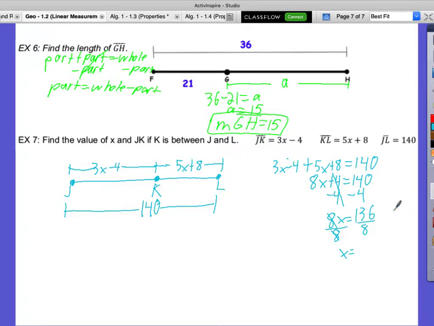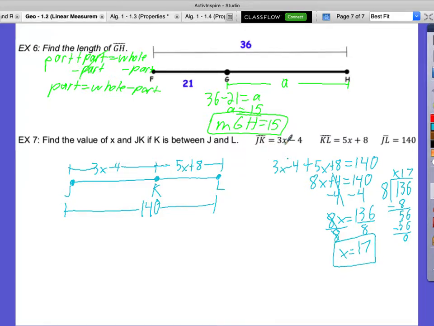If you don't know off the top of your head, it's understandable if you don't know 136 divided by 8, okay? Does 8 go into 1? No. Does 8 go into 13? Yes, once. Bring down the 6, 56. It goes into 56 7 times. Okay, we found x, it's 17. Are we done once we found x? No. We can find JK. How could you find JK?